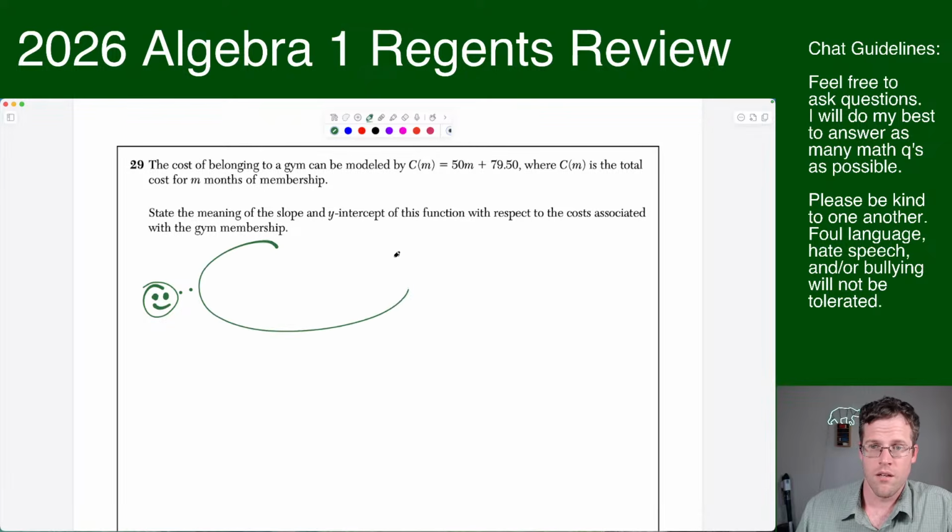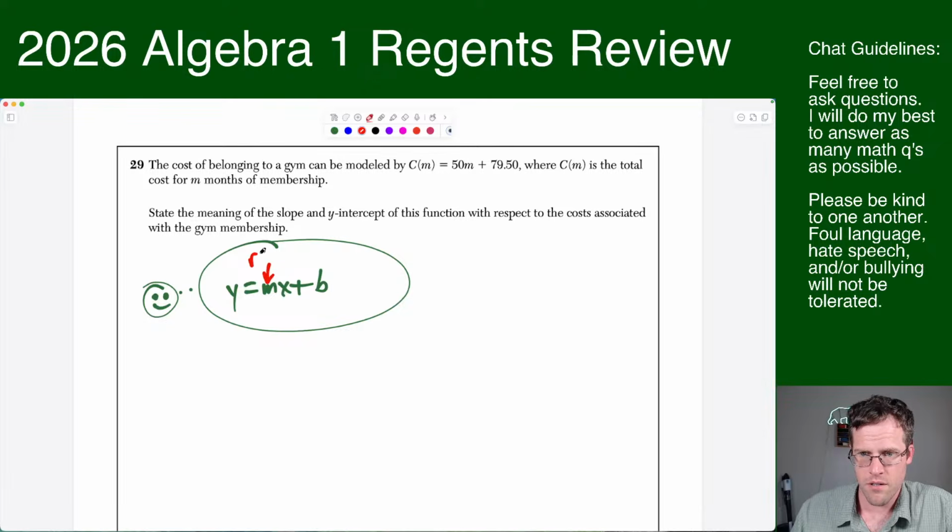Applied: y equals mx plus b. This tells you the rate, per unit of time. In a graph, it's just slope and y-intercept. But in word problems, it's the rate and the initial amount. So I just think about that before I even get into the question.